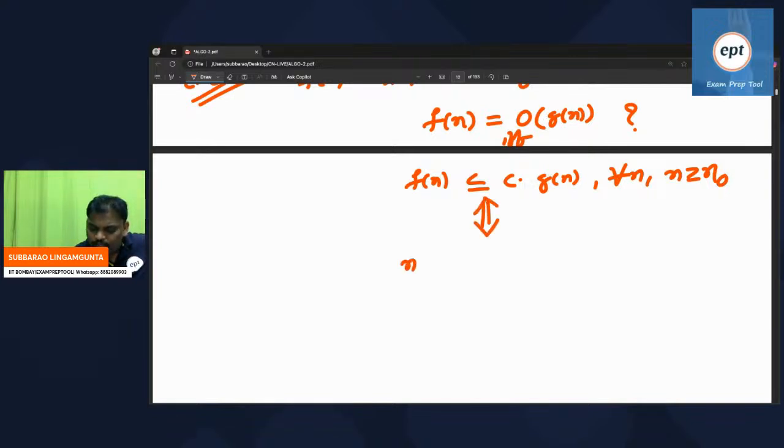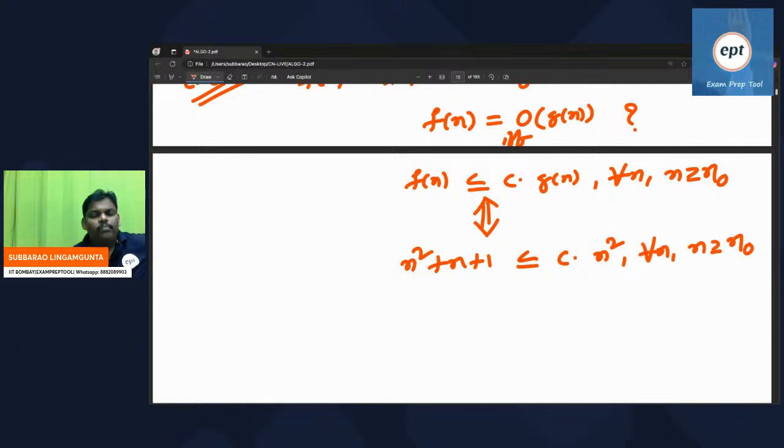f of n is n square plus n plus 1, less than or equal to some c into g of n, which is n square, for all n where n is greater than or equal to n0. Right? Big O notation is saying that comparing left and right, the right should be bigger.